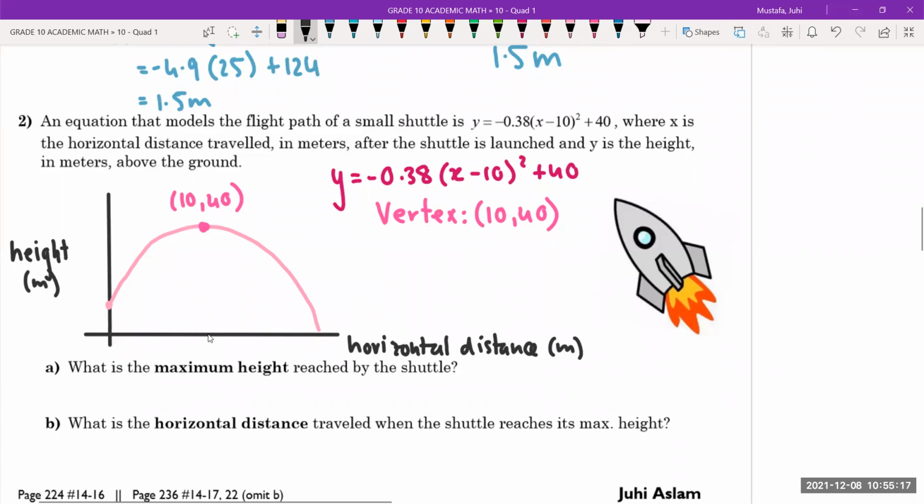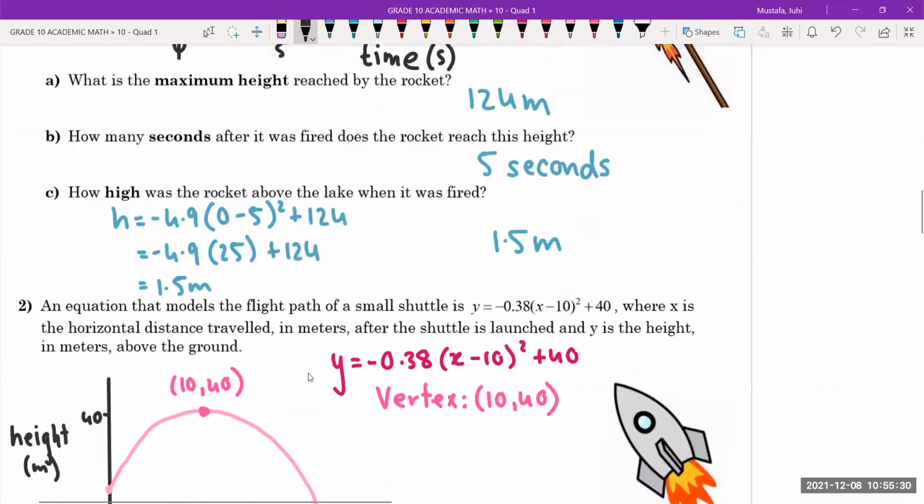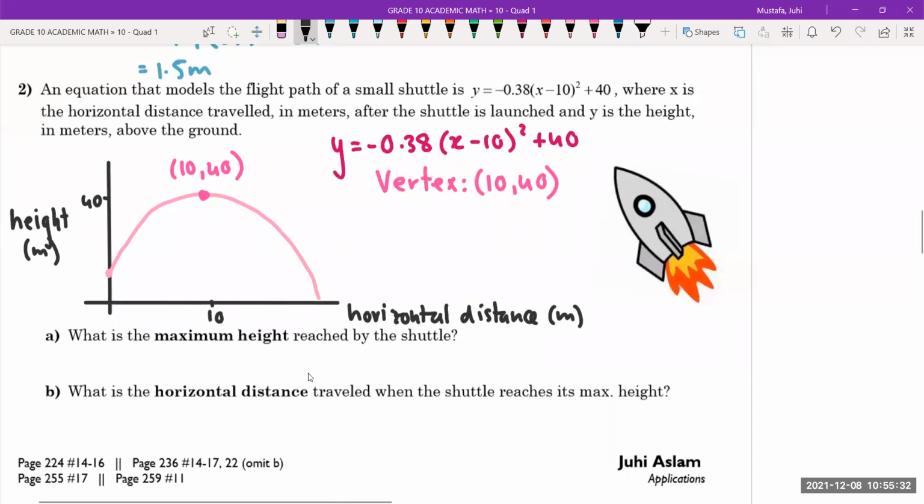Well, you're going 10 across, so this value right here is a 10, and then you're going all the way up to 40. Basically, what this means is the rocket reaches the maximum height after it has been going 10 meters horizontally, and the maximum height it reaches is 40 meters high.